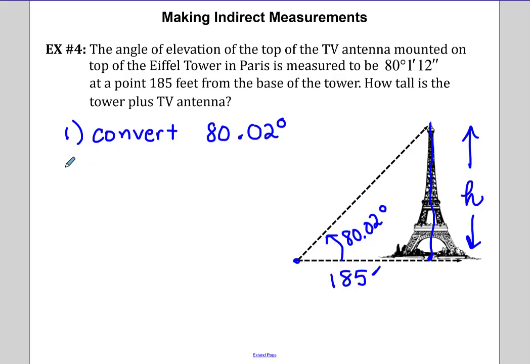So we could figure that out by using tangent again. Tangent of 80.02 decimal degrees is the height divided by 185, opposite to adjacent.